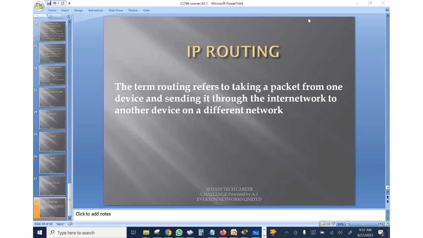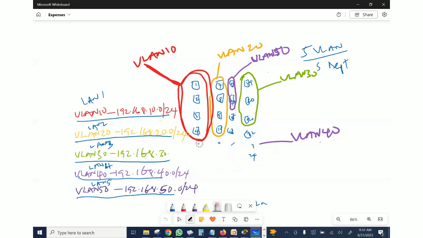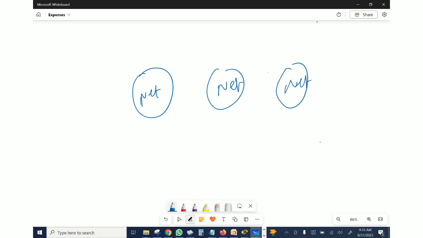Let me break this down. This alone is enough for this lecture. So now, this is what that definition is talking about. Let me clean this up. So that definition is saying you have different networks, and you are now taking data or packets.